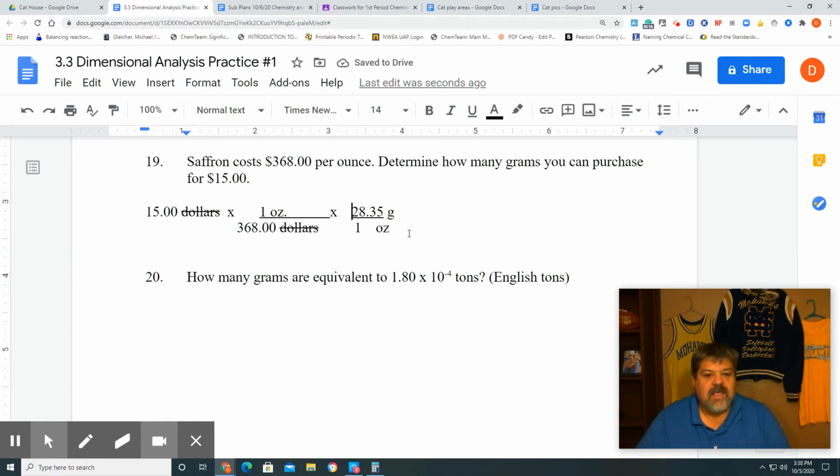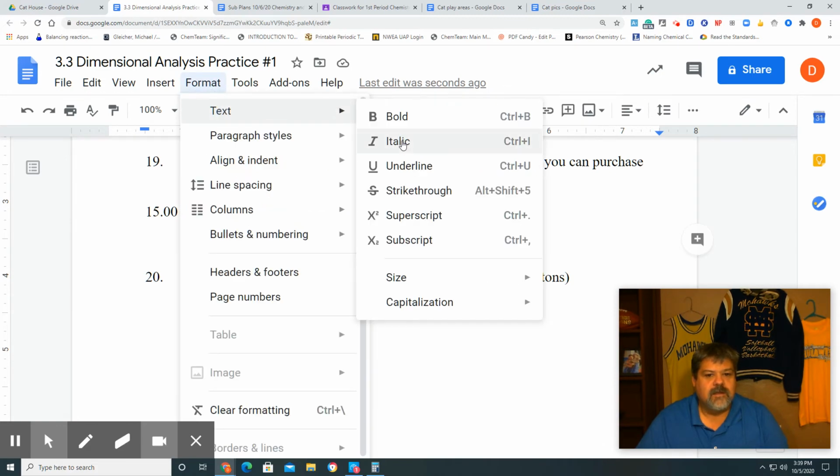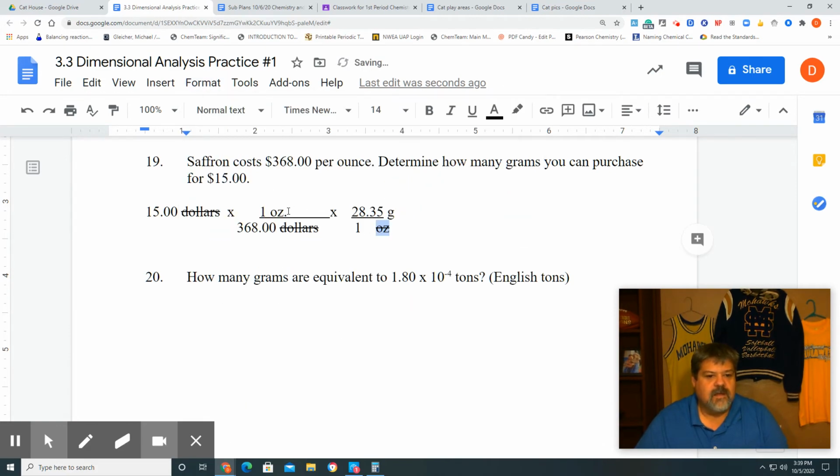So now we have it from grams, ounces. Remember, these equal each other. They're conversion factors. We don't use those when we talk about it. But what I can do is I have ounces on the bottom, so I can strike through that. Ounces over here, and we're also going to strike through that. Now I'm left in grams. The question says how many grams can you purchase? And so that looks good.